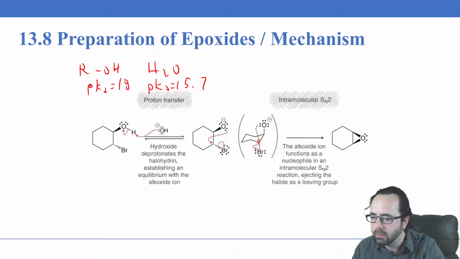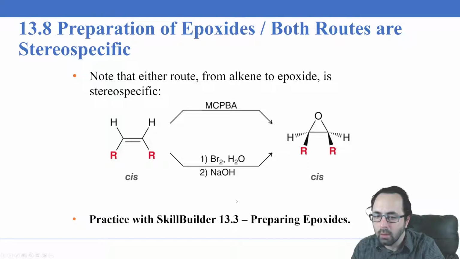And then at that point, you have the epoxide. This removes the epoxide from the equilibrium, so it's not as big of a deal that not a lot of these were deprotonated, because then this will be removed, and then the next one that's deprotonated will undergo this reaction.